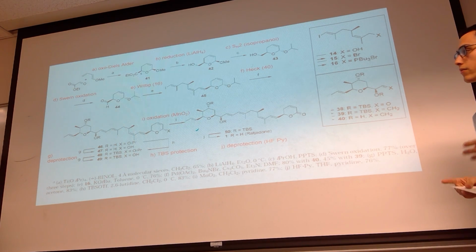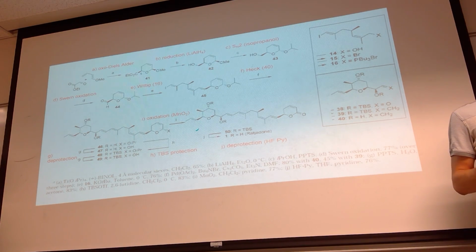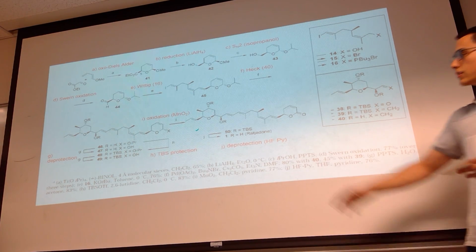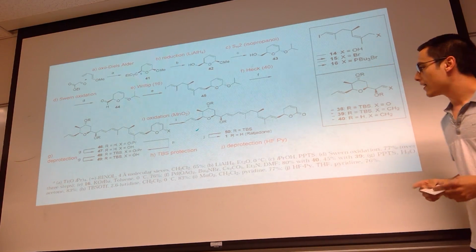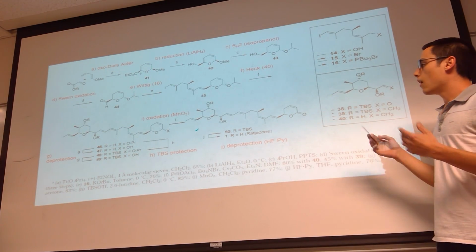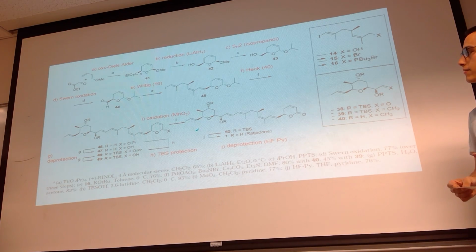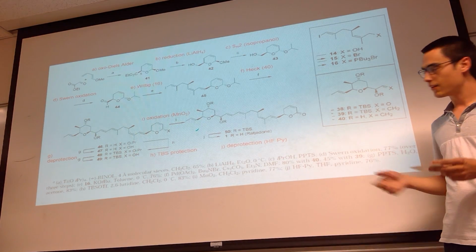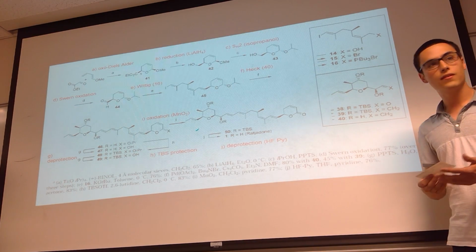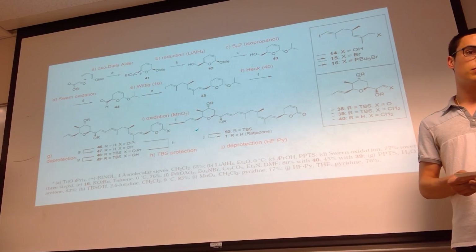From there, they used selective oxidation with manganese oxide. Here, it only reacted with the allylic alcohol, which is X, and that gives you 50 here. All that was left was to deprotect. They removed their TBS groups, and they got rachidol. And the overall yield of this synthesis was about 6.7%.